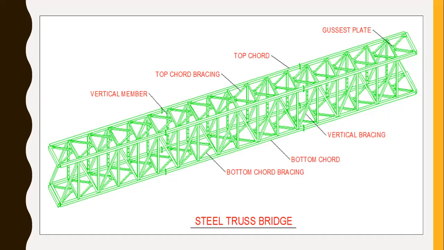The points of intersection of these web members with the chord members are known as the panel points, as I already described earlier. We also learned these panel points in our industrial building, because trusses are also used in industrial buildings. These are the same things: whenever two steel members are connected, it is known as a panel point.